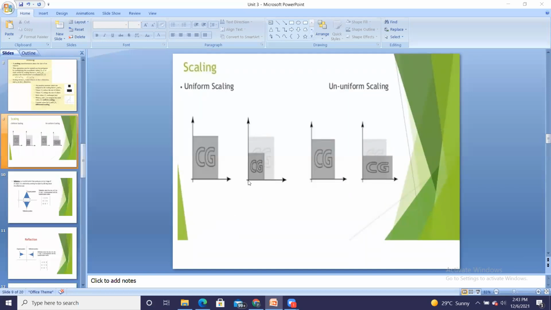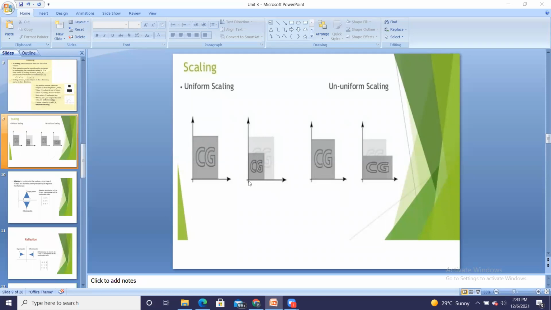Okay, so here is the example. Observe this box on which CG is written. Here we are going to compress it. This is your original object, and suppose I am going to compress it by half. So Sx and Sy both will be half. That's why your height is also halved and your width is also halved.